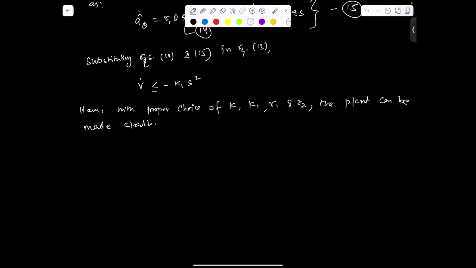So this is how we can stabilize the system, or we can have the desired tracking performance using the adaptive controls, what you have done here.